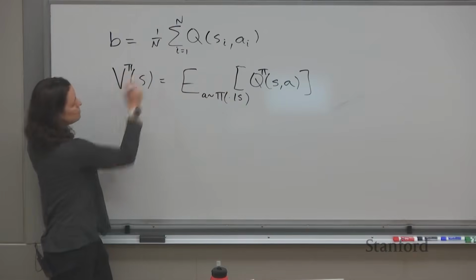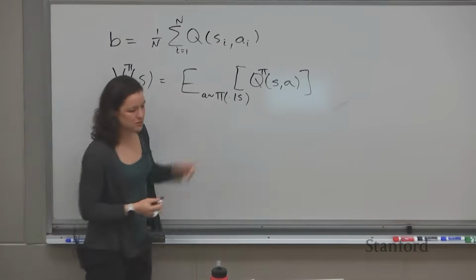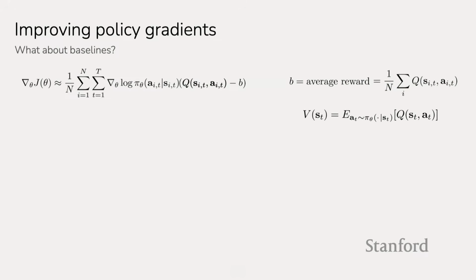This is V pi. And so a natural baseline would actually be to use the value function. And so instead of having this be Q values, we could actually use Q minus V. And Q minus V is what the advantage function is.